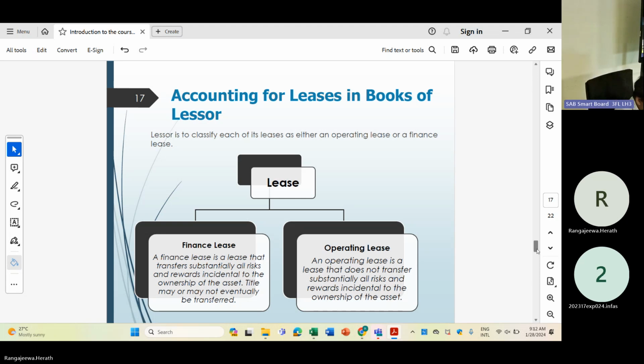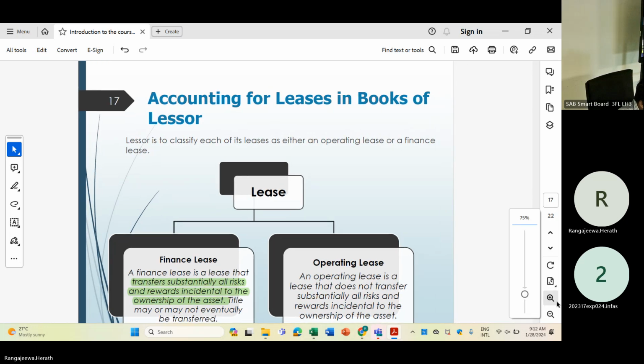With that transfer of right of use asset, if a lease transfers substantially all risk and reward incidental to the ownership of the asset, then we call it finance lease.